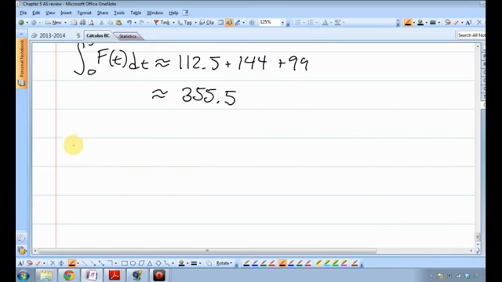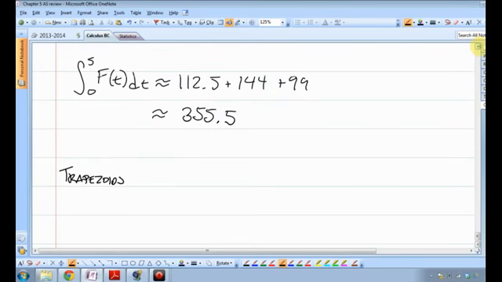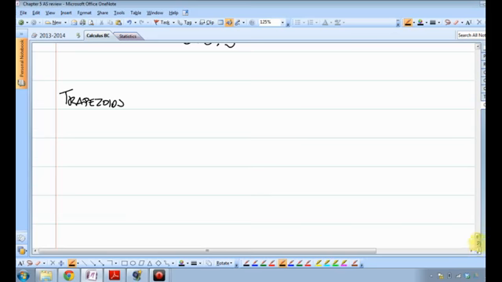Next part of this is the trapezoidal method. Trapezoids. The first one is 3:30 to 4.